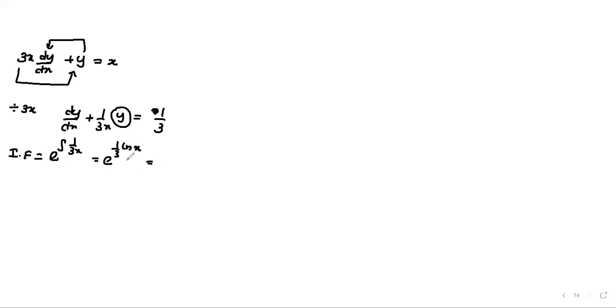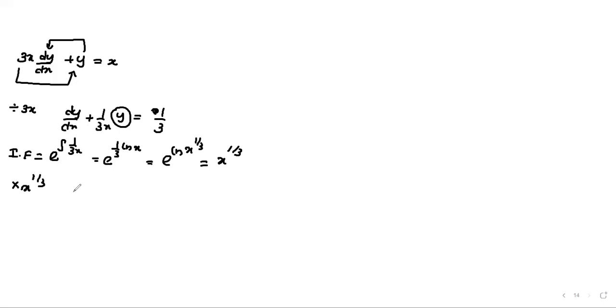You can take this 1/3 into ln x as a power, so e and ln simplify, turning out to be x to the power 1/3. Therefore, multiply the entire expression by x to the power 1/3.